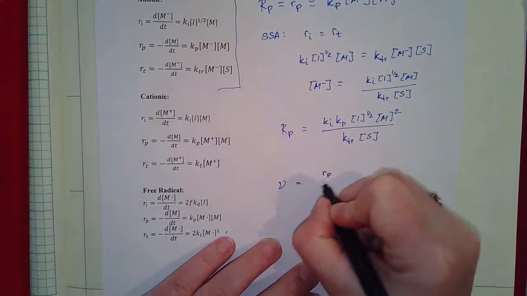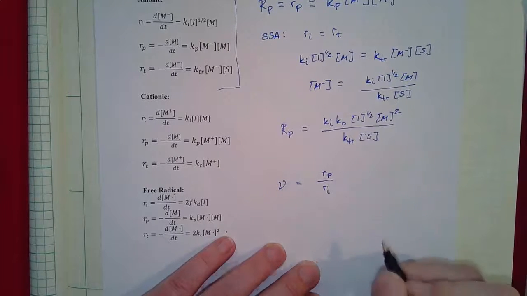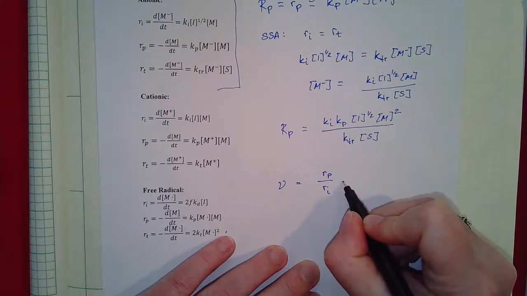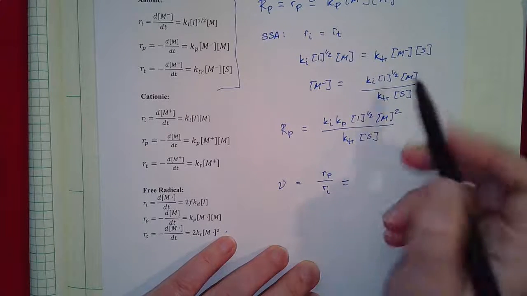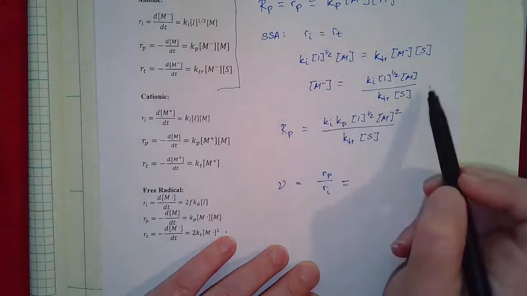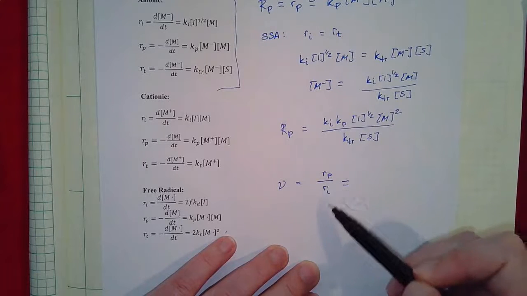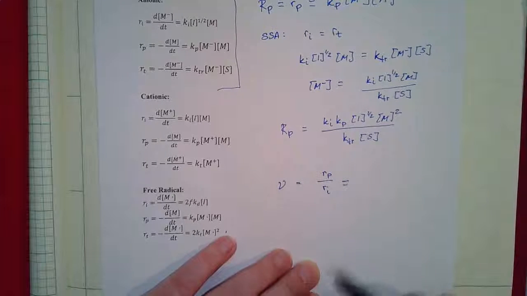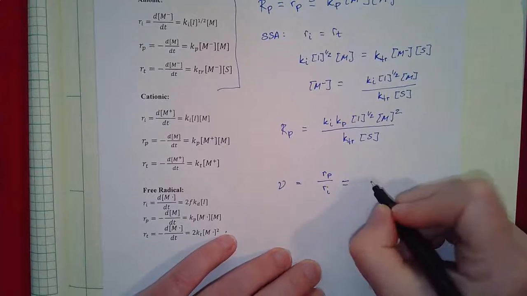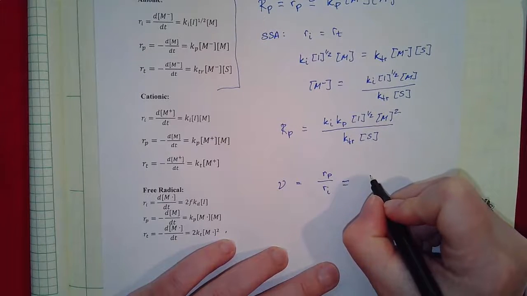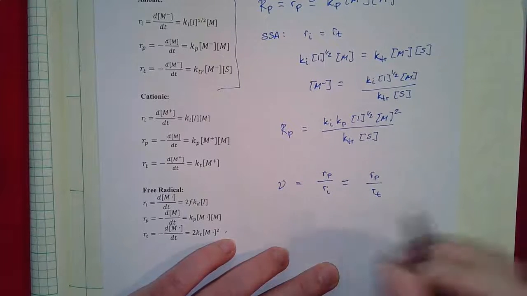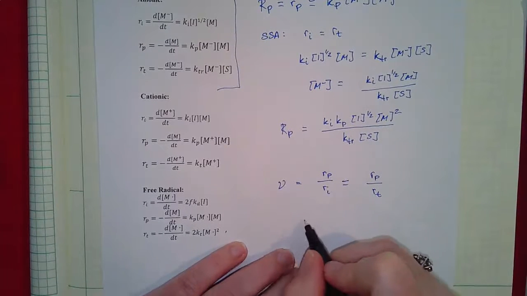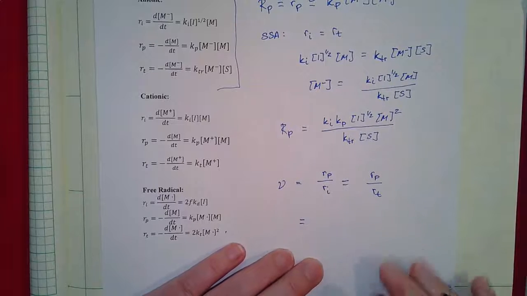We've calculated our anion concentration, so we could just do RP over RI and plug that in, no problem. But I'm going to do the steady state assumption a slightly different way. I'm going to do RP over RT, the rate of propagation over the rate of termination. Now I'm going to plug that in.